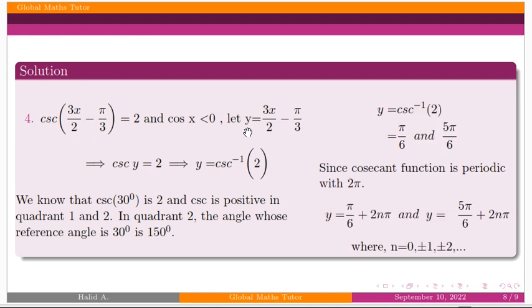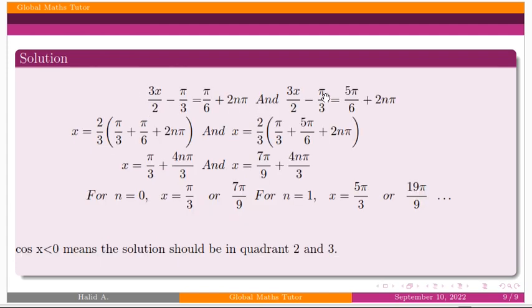Substituting back and finding the value of x gives x equal to 2 over 3 times (pi over 3 plus pi over 6 plus 2n pi), and the same for the other one. Simplifying gives x equal to pi over 3 plus 4n pi over 3, and this one will be 7 pi over 9 plus 4n pi over 3.